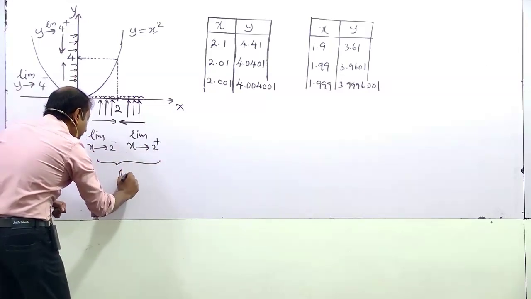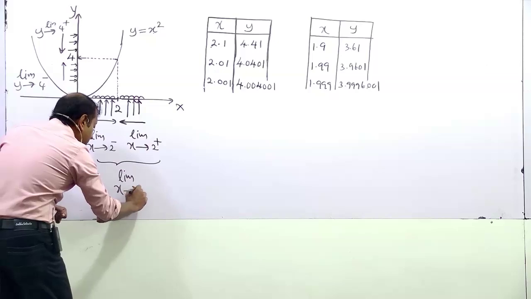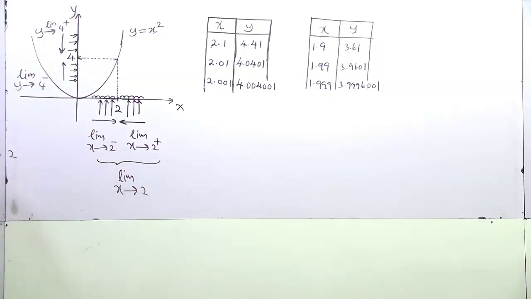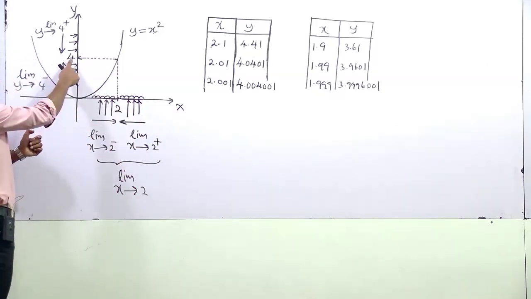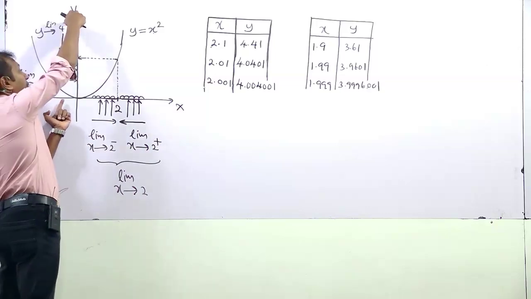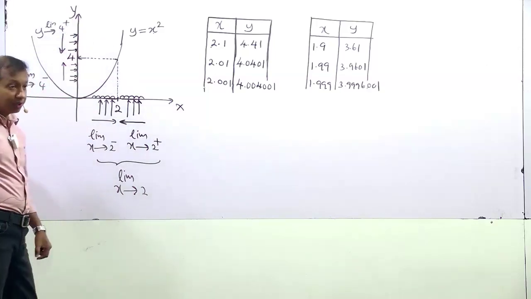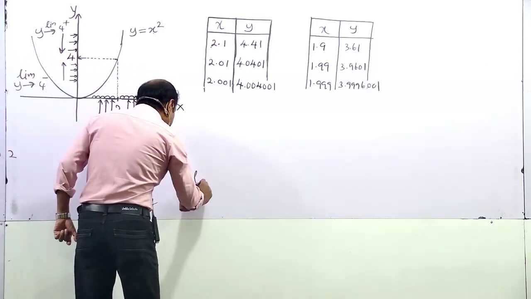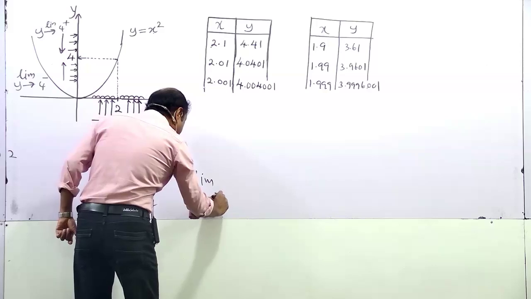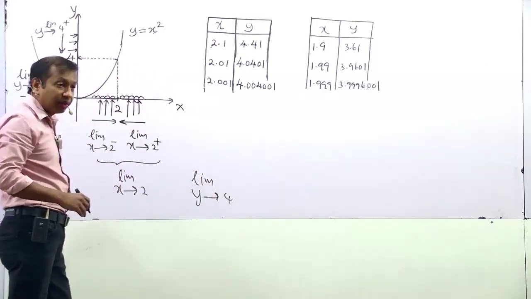Then people, once this x comes to this 2 from both ends, we know these two together, we can write limit x approaches 2. Once x comes to this 2 from both ends of 2, what has happened here? Y is coming to 4 from both ends. Then I can write limit y approaches 4.